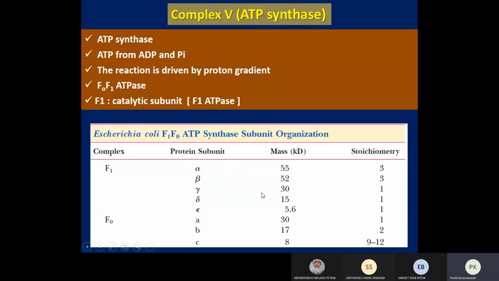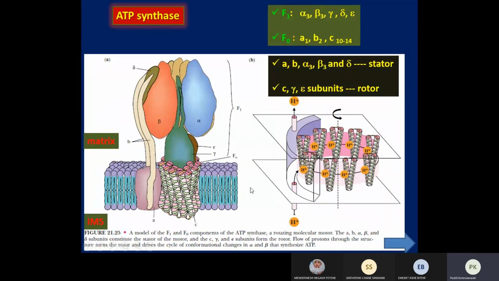It has many subunits, and mainly two parts, the F0 subunit and the F1 subunit. The F1 subunit has the catalytic activity. That's where ADP is converted into ATP. The F1 complex has many subunits, and the F0 complex also has many subunits.